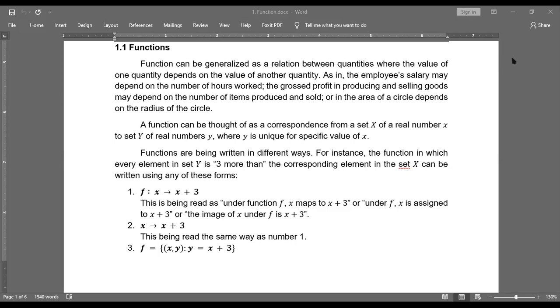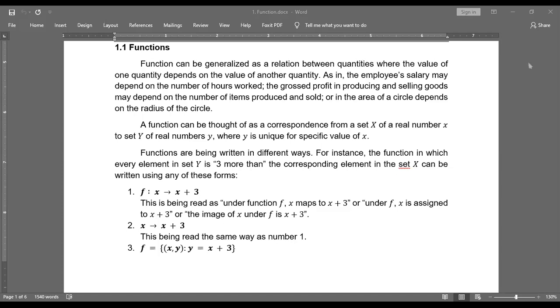Okay, whereas in one-to-many kasi, for example, A is being paired to B and C. So as ordered pairs, that is (A, B) and (A, C). So in the set of ordered pairs, twice nag-appear yung element na A. So that cannot be considered as function. So okay na yun.